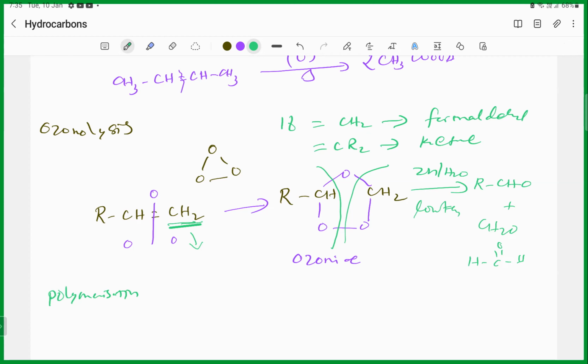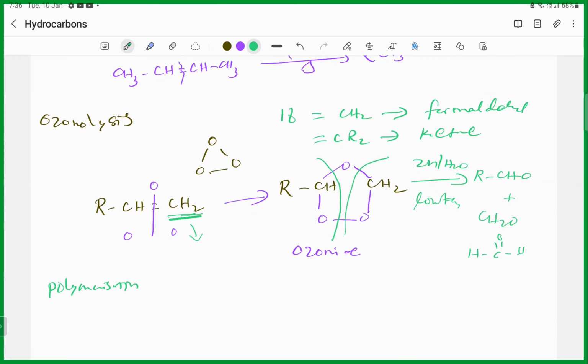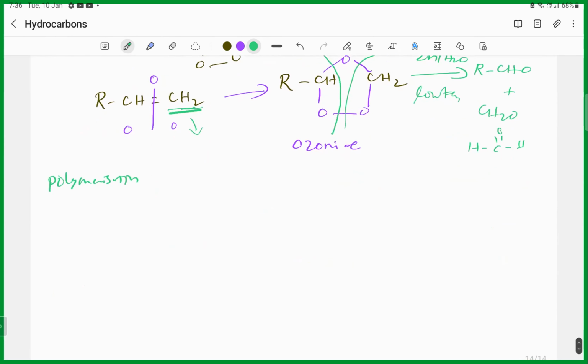Going to polymerization: the process in which simple molecules combine to form a large molecule is called polymerization. Take a wall: you have bricks and then one full wall. The full wall is made up of bricks only. So the brick is the monomer, and the wall is the polymer. At certain temperature and pressure, the monomer will undergo polymerization.